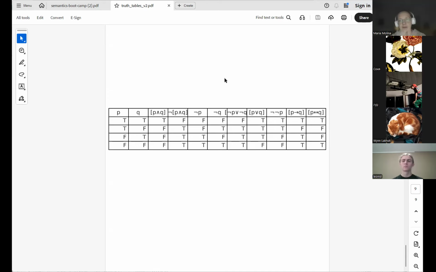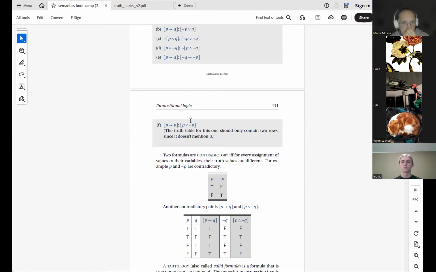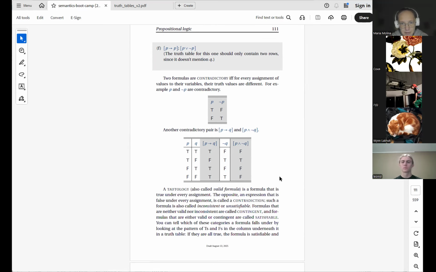So it's always valid as well. So P to P is always valid, P or not P is always valid. They are equivalent. It's a tautology.